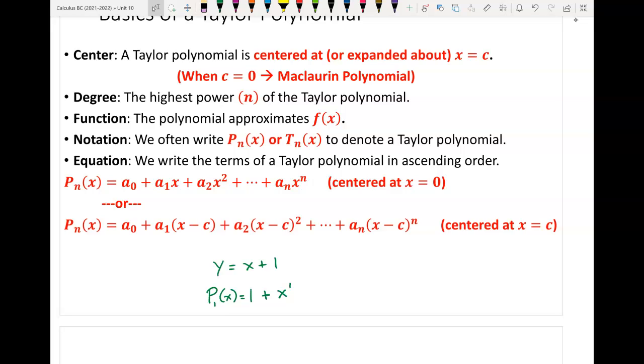So we would have p sub n of x equals a sub 0, that's your constant, plus a sub 1 times x, plus a sub 2 times x squared, plus dot dot dot, to a sub n times x to the nth power. That's centered at 0, so that's your Maclaurin polynomial. If we are centered at x equals c, then we just have x minus c.